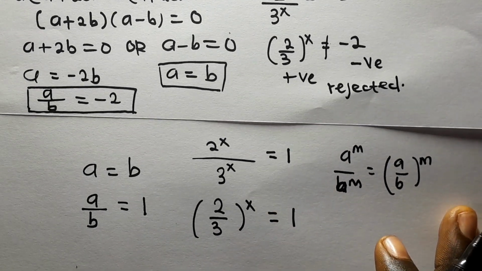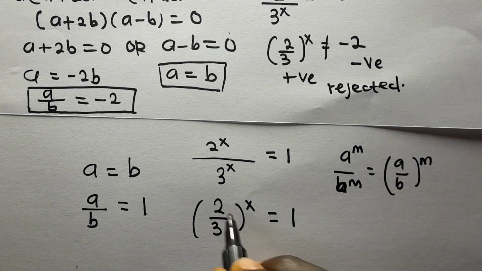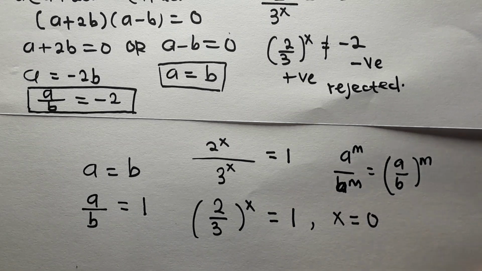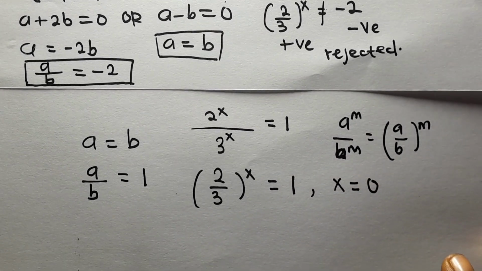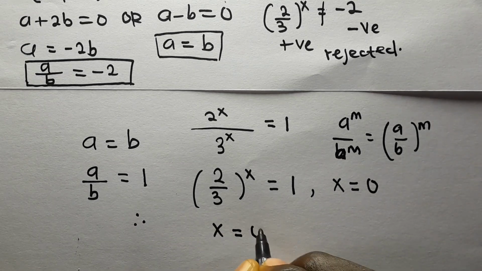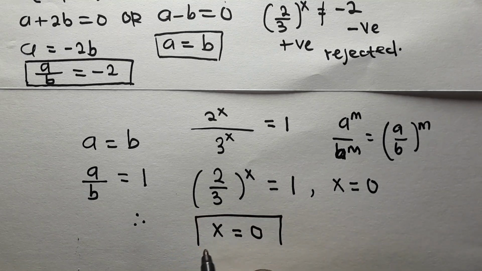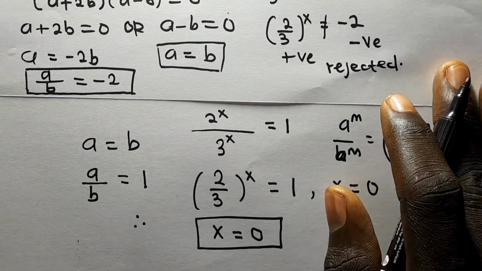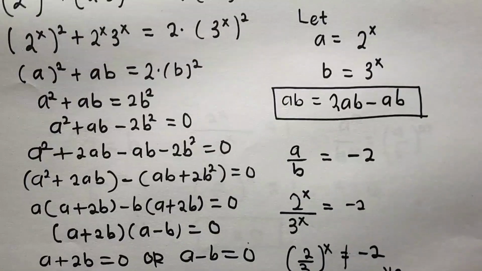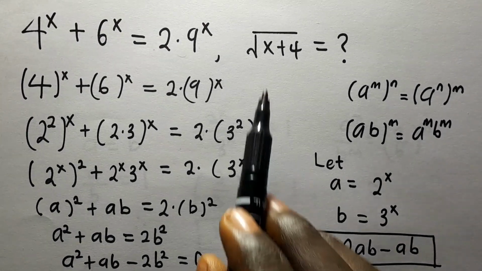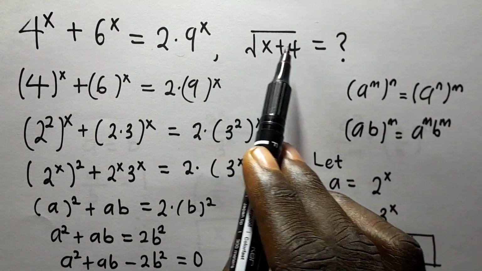And what we are saying here is that what can make this equal to 1 is when x equals 0. So therefore x equals 0. So when x equals 0, but remember that the question says that we should find the value of square root of x plus 4.